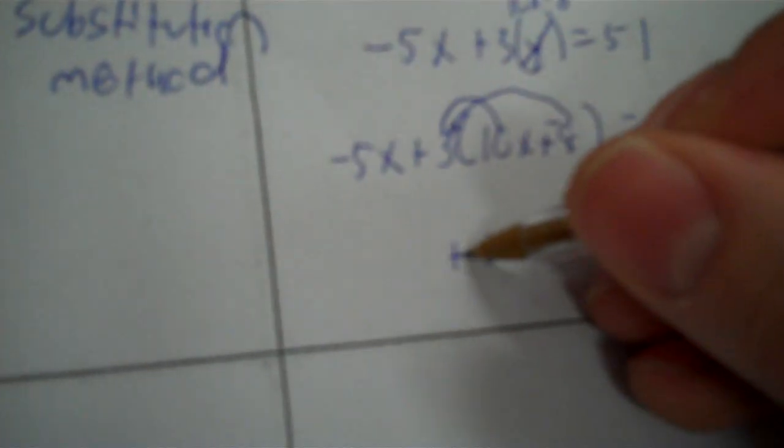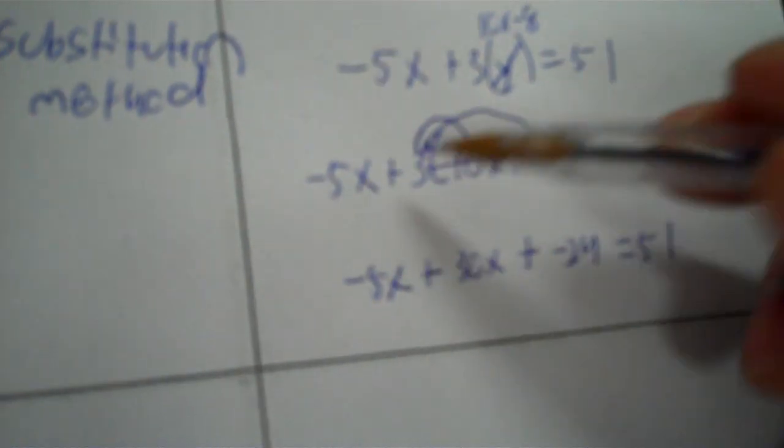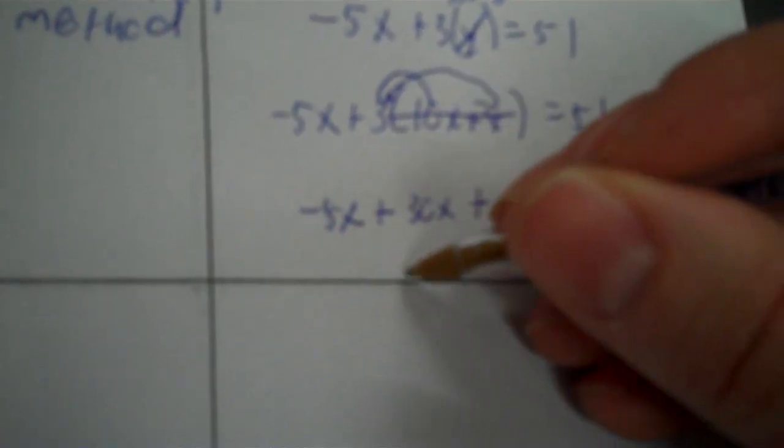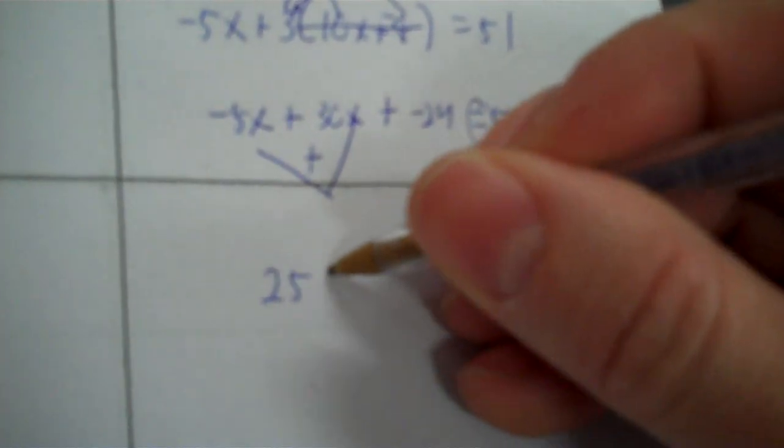Then you have to add the negative 5x that's out there, because after that's been distributed, you still have that x term. Now you have two x's, but they're on the same side, so you need to combine those by adding. So I take negative 5 plus 30. That's going to be 25, 25x. And then plus your negative 24.